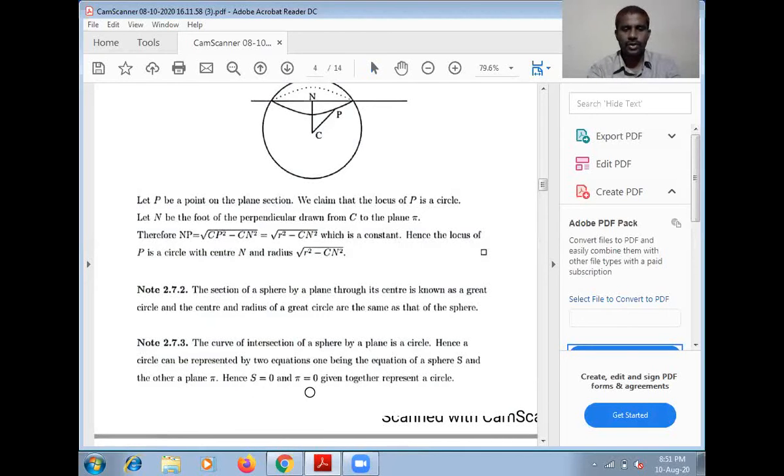Hence S equal to 0 and pi equal to 0 given together represent a circle. Once again I am repeating: the curve of intersection of a sphere by a plane is a circle.